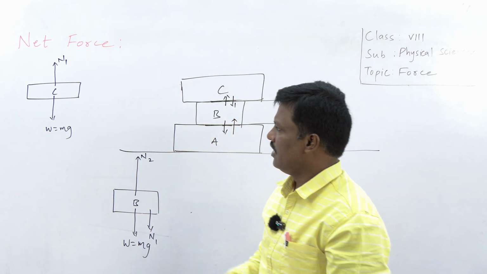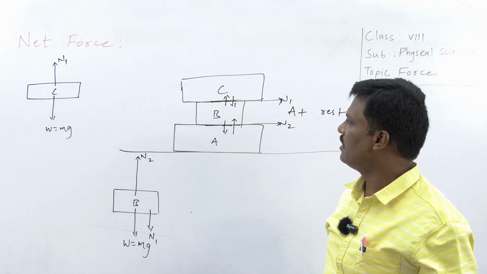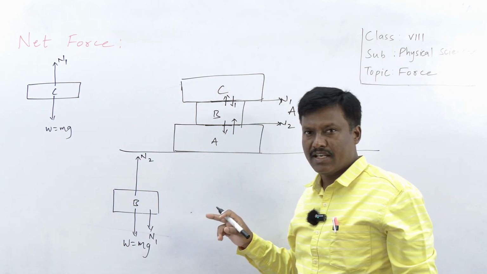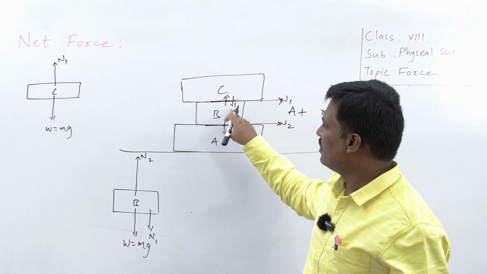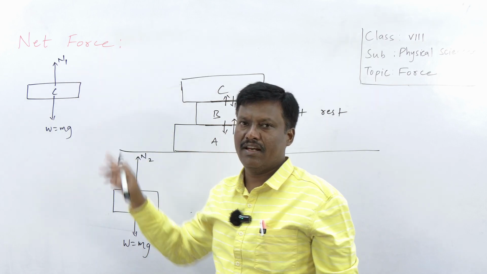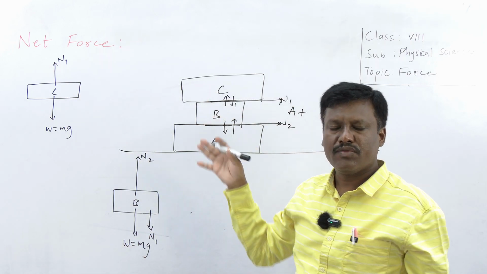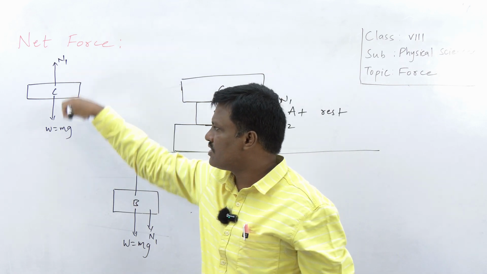I hope you understand. Coming to block C, there are only two forces acting, because block C contacts only block B. Due to block B, the force on block C in the upward direction is the normal force N, and the gravitational force is, as usual, common everywhere, in the downward direction.